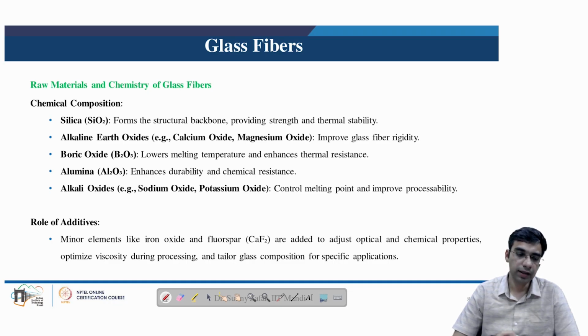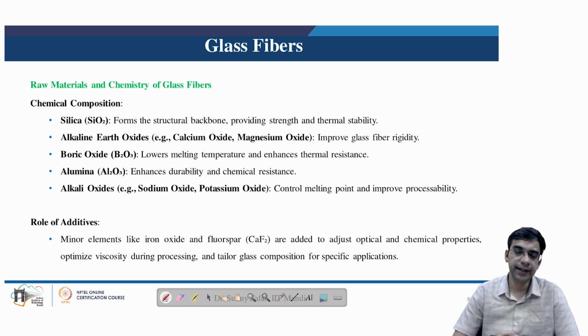Other than silica, we have alkaline earth oxides, which include calcium oxide and magnesium oxide, which improve glass fiber rigidity. We also have boric acid, which lowers the melting point and enhances thermal resistance. Alumina is also added to enhance durability and chemical resistance.